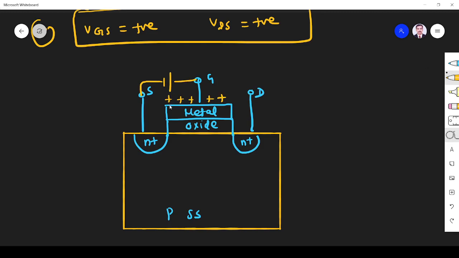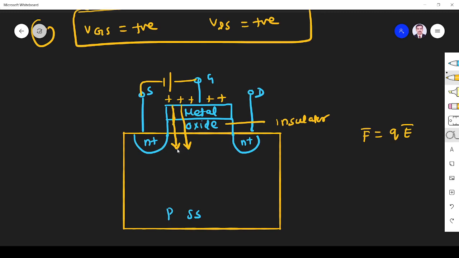This charge creates an electric field. The charge carriers cannot penetrate, but the electric field can penetrate the insulator, because oxide is an insulator. For positive charge, the electric field is away from it, so the electric field will be in this direction, and the force on the positive carriers will be in the same direction.